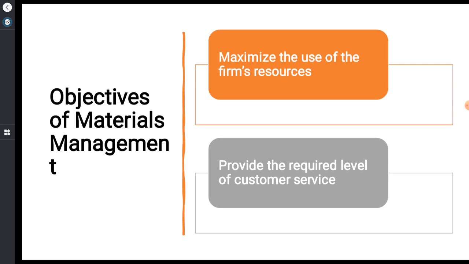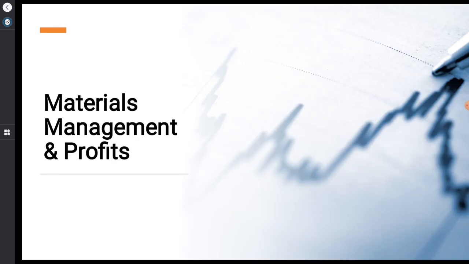Materials management can do much also to improve a company's profit. So in the following slides, we will explain how and show some simple numerical examples to better understand this statement.